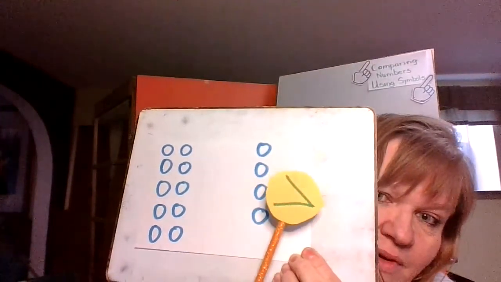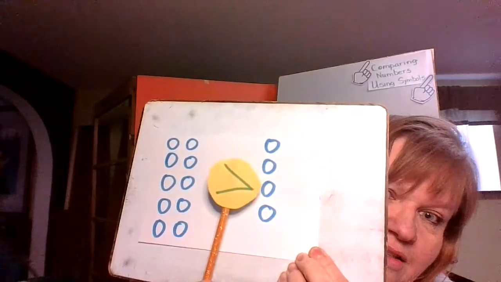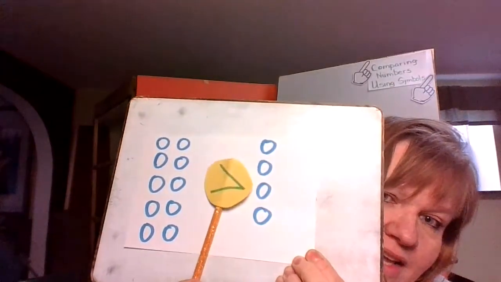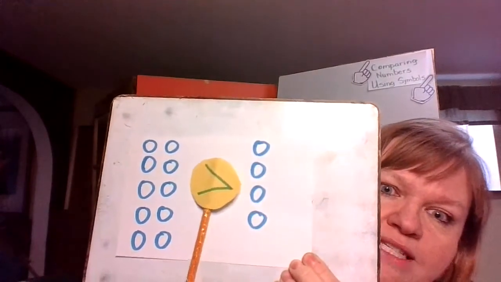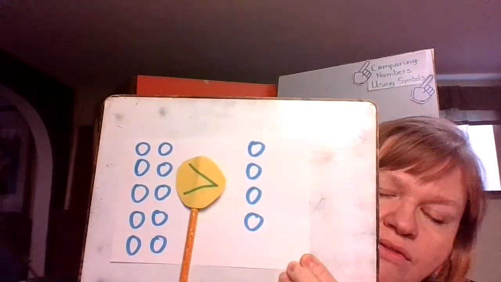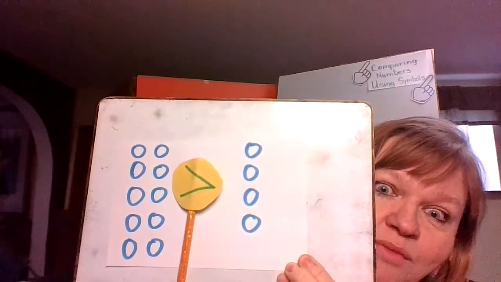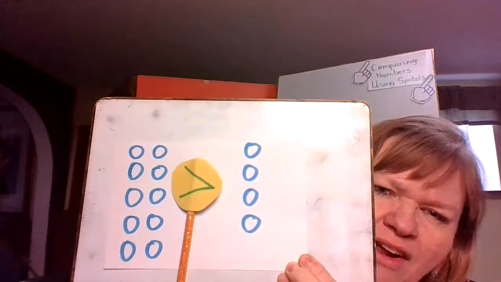Will I use this one? If that was an alligator mouth, would it be open to the side with the largest amount? It would be, right? How many are there?